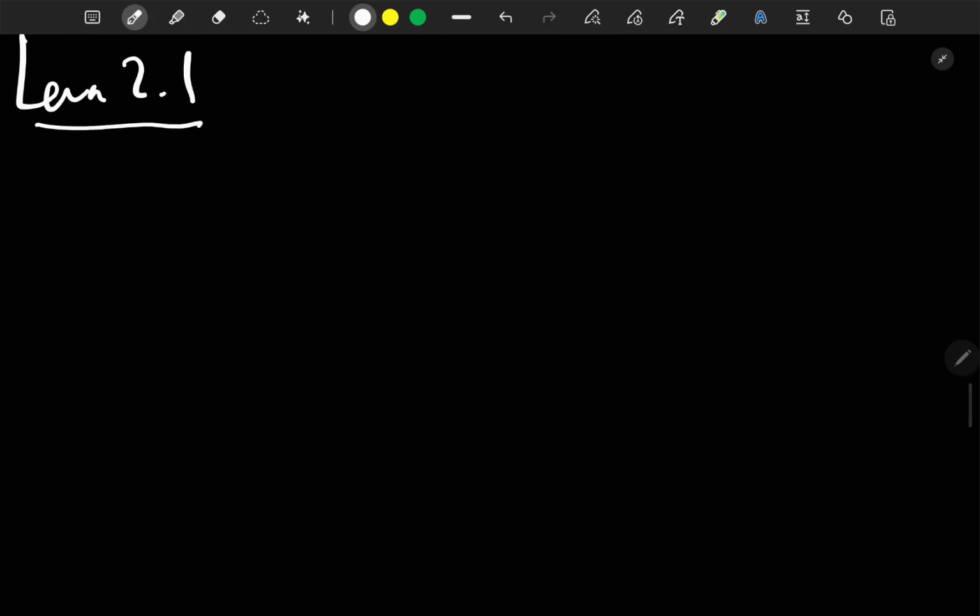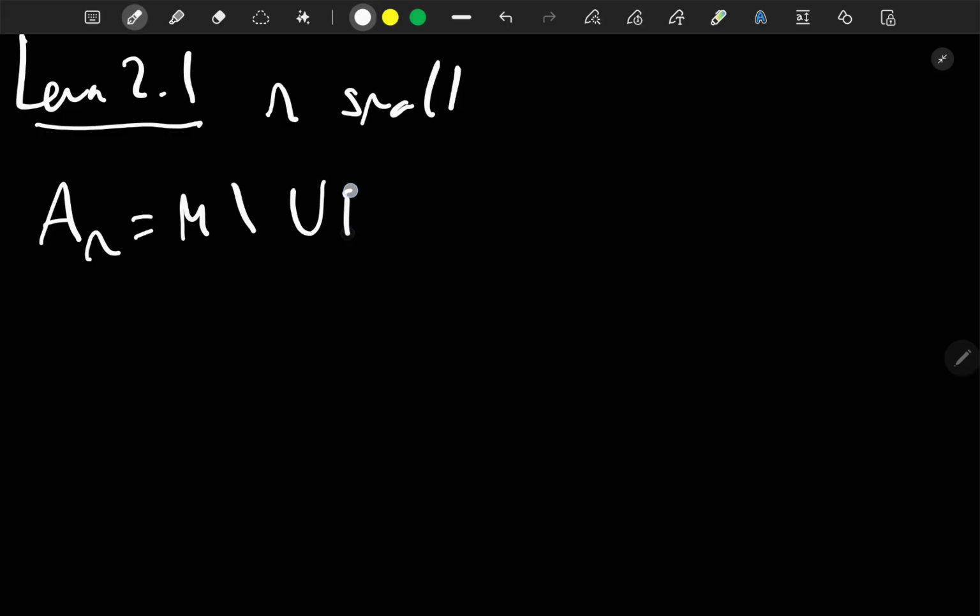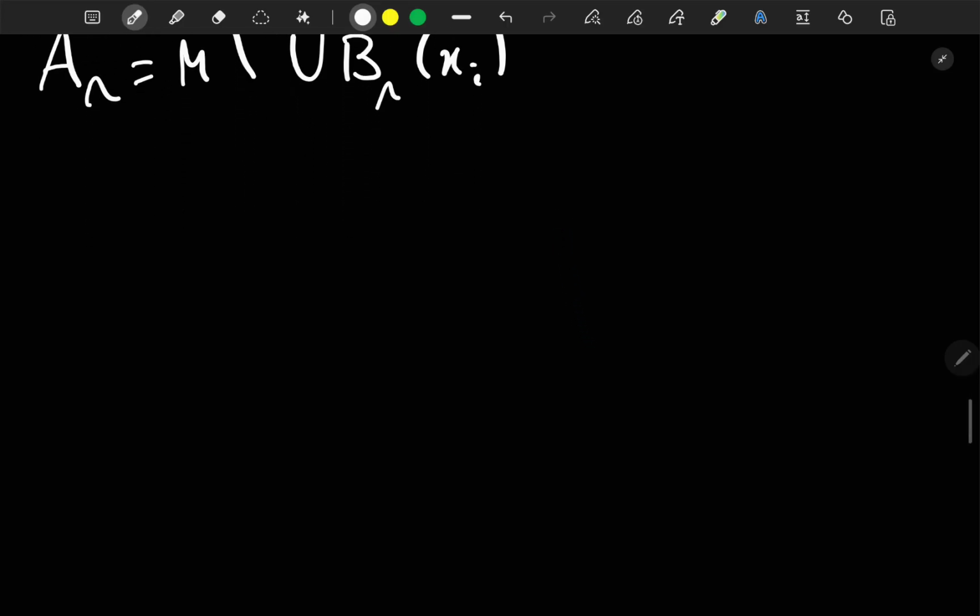So if you take r very small, then you consider AR, the manifold minus the union of small balls on such periodic points. So it's something like this. Each ball I will draw like this.